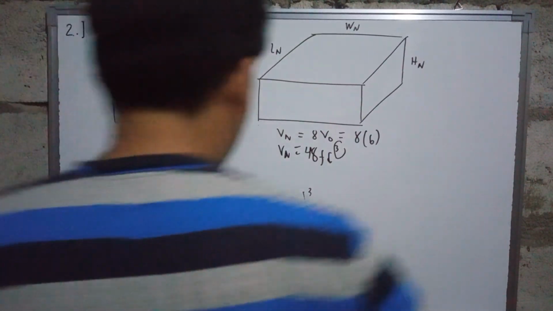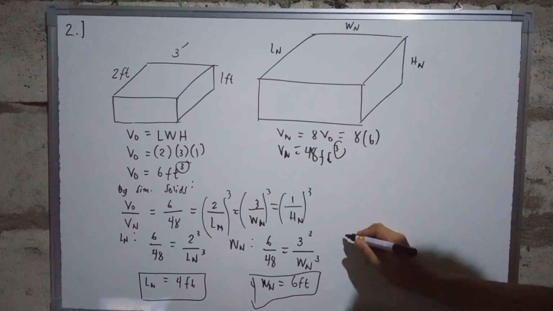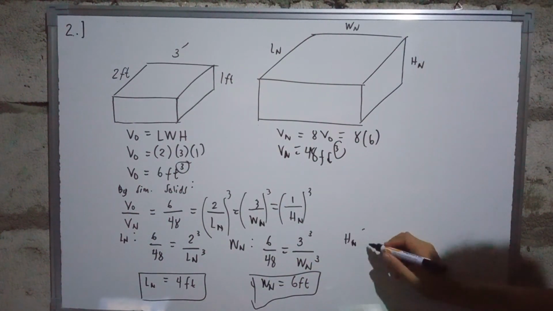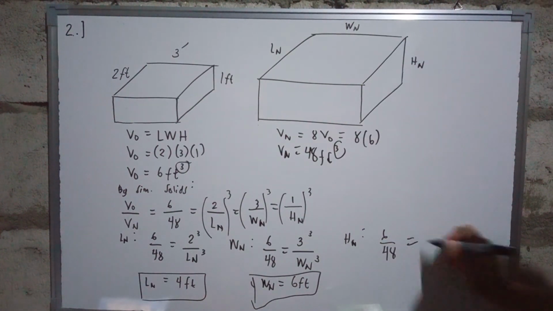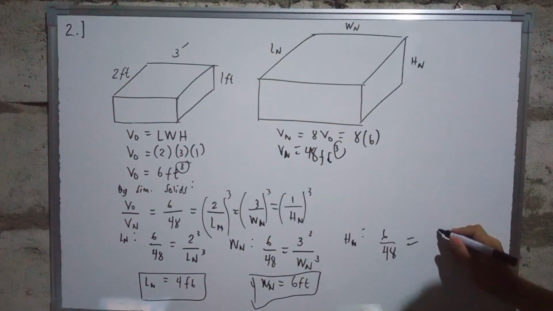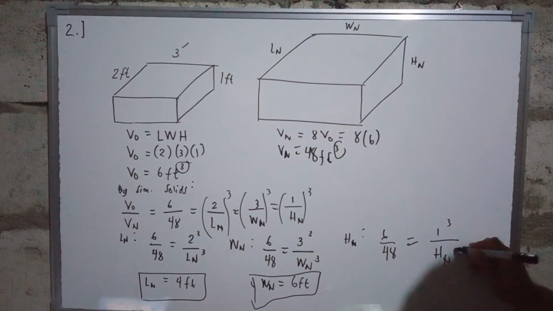So, same procedure lang. Solve naman natin yung value ng h sub n natin. H sub n is equals to 6 over 48. So, yung 1 cube all over h sub n cube.